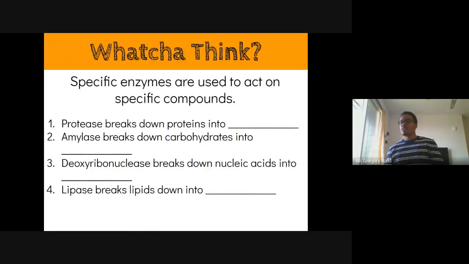All right, so keep in mind what I was saying before that slide about how only certain things can come out of breaking down something else. So let's take a look at this. It says specific enzymes are used to act on specific compounds. Number one, protease breaks down proteins into what? What must a protein be broken down into?